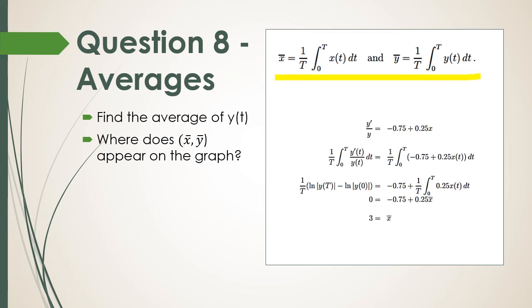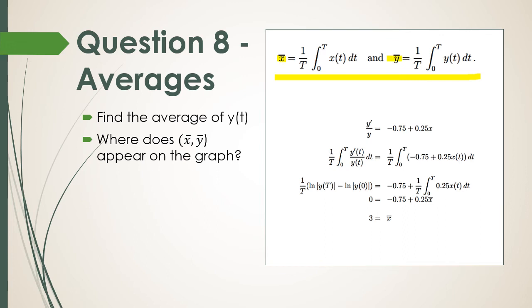Basically, the capital T is the period, so the actual time it takes for the population to go around a whole circle and come back to the population that it was at the beginning. If we integrate the population over the period and divide that by the period itself, we can get some notion of an average value for the population of the prey and the population of the predators.